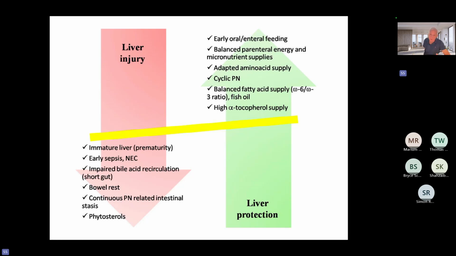I'm thinking, of course, of the branched chains. Cycling parenteral nutrition. I remember every year I used to send down to the NICU the recipe for cycling parenteral nutrition. Having an appropriate fatty acid supply, again limiting omega-6 fatty acids, and again, sufficient vitamin E, required not only for growth, but also for metabolism and as a potent antioxidant.